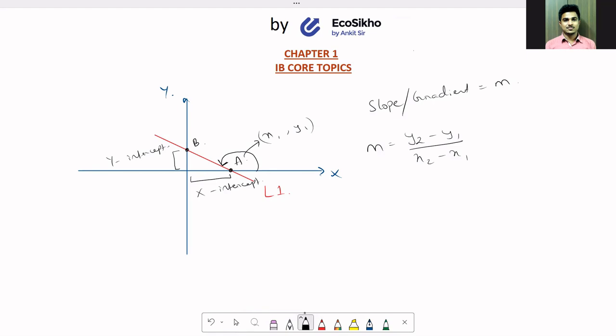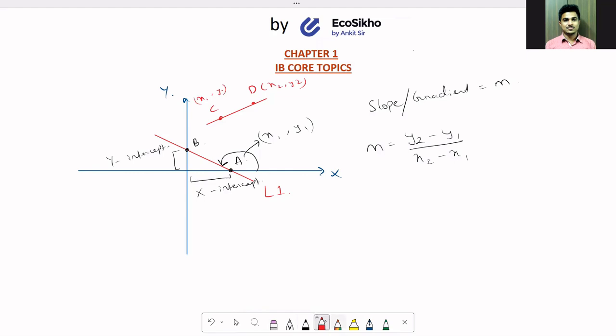Let's say you have been given a random line that may not pass through the axis, and we have been given two different points. Let's say this is point C and this is point D. We have been given the coordinates as x1 comma y1 and x2 comma y2. Using this information, we can find out the slope of the line that has the two points C and D. I hope that is clear.